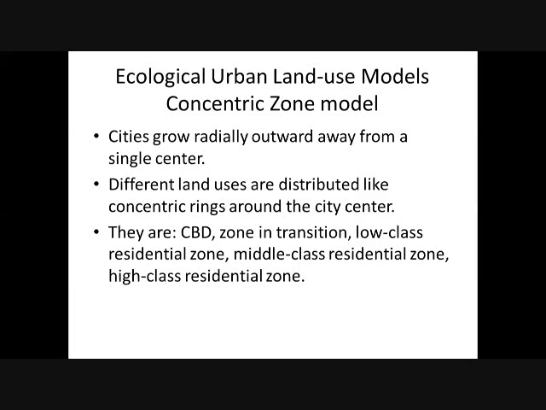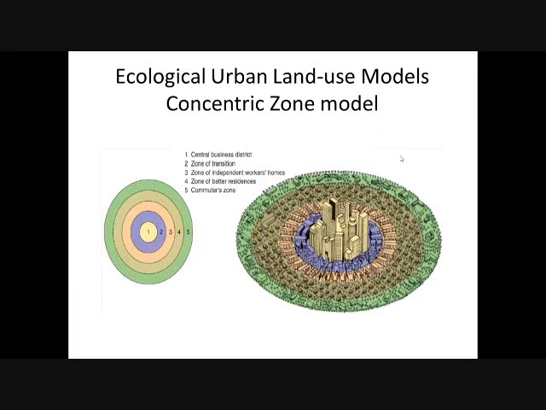So this is a model of how a concentric zone city might look like. So we have the CBD, the Central Business District. We have a transition zone, and then a zone for workers, and then a zone for higher class residents, and then a zone for people who can travel long distances with cars and outside.